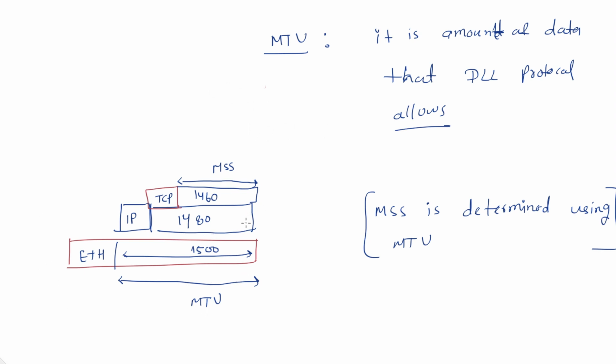Now suppose your data from the IP layer contains more than 1400 bytes. Suppose this is 5000 bytes, and you are talking about the source only, and then this is the IP header, and this whole thing has to be carried in the Ethernet frame.